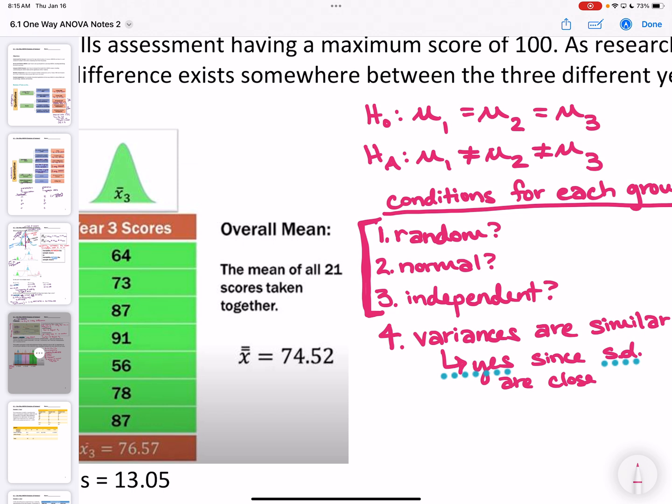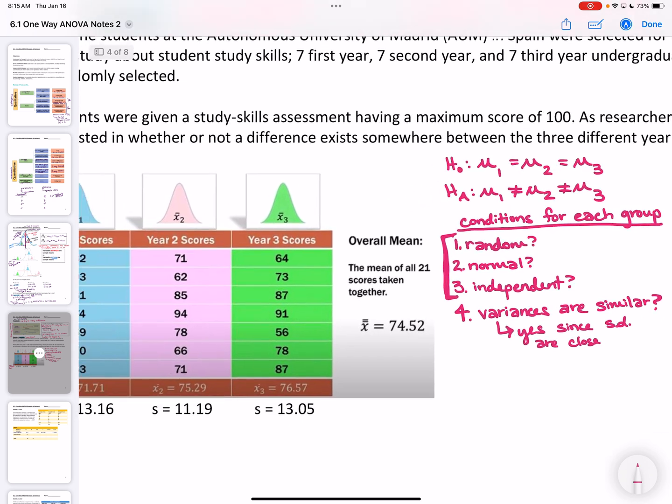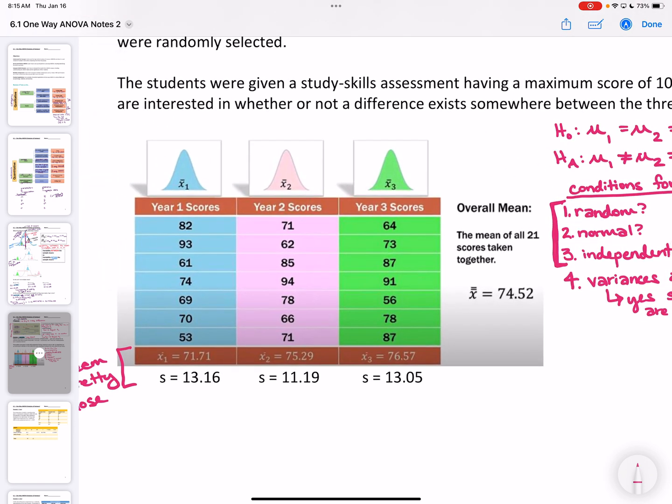Now, there's no magic number that I can give you that says if they're within 2 standard deviations of each other, or if they're within 3 or 4 or 5. I'm sorry. That's part of why it drives me a little bit bananas, because I can't give you a concrete number. So, when you're looking, as long as they're relatively close to one another, 13, 11, 13. Those are close.